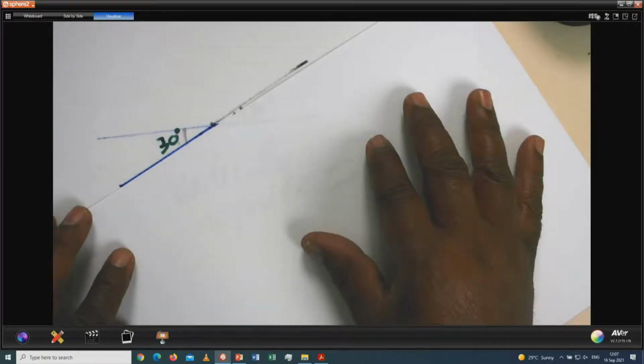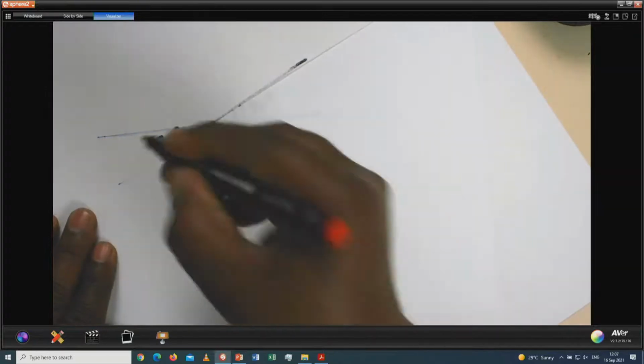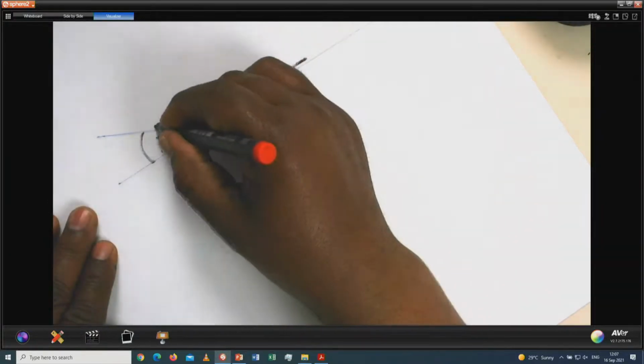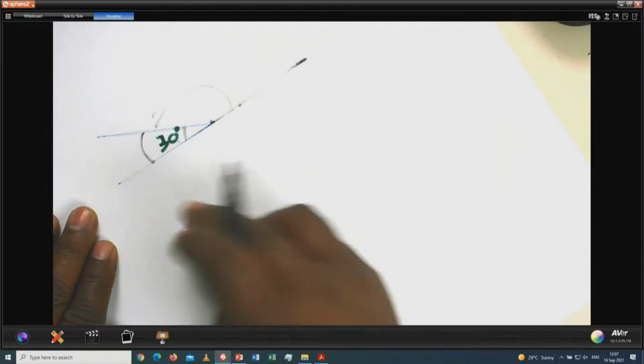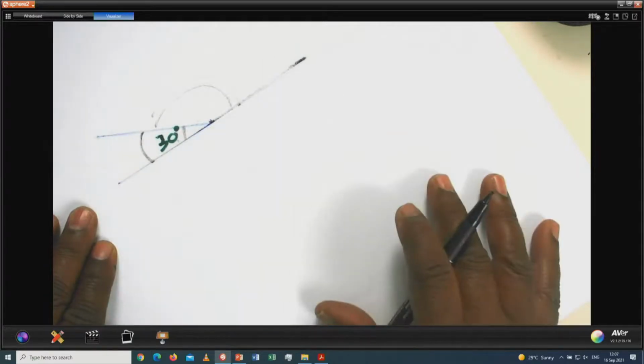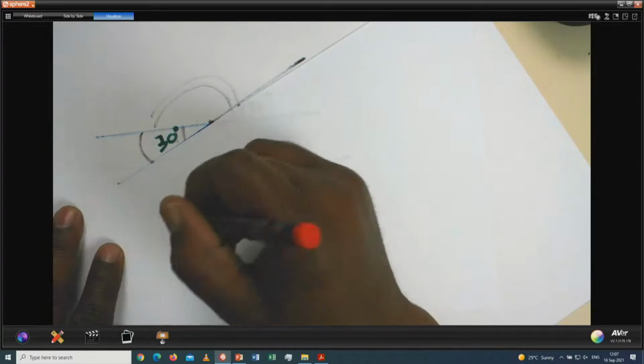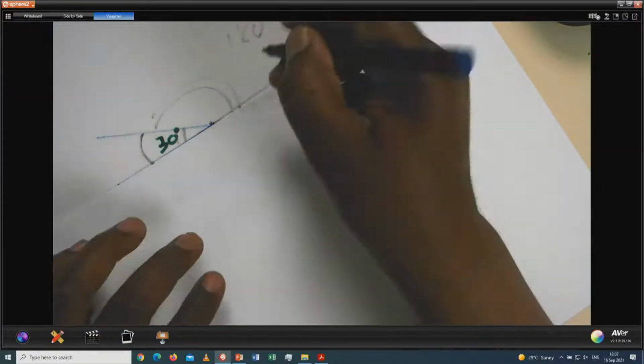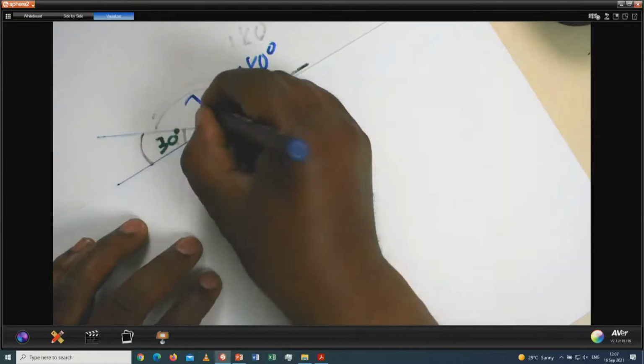Now, if that's the case, what do you call this angle? This one and this one. What is the relationship? They are neighboring angles. They are adjacent angles. Are these angles forming a straight line? Yes. What is the degree of a straight line? 180 degrees. So, what could this angle be?